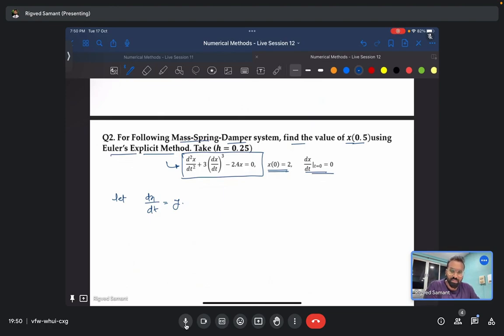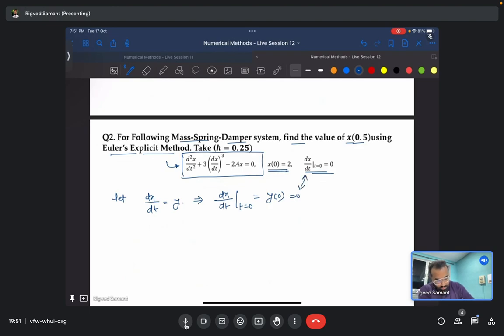So what does this mean? dx by dt at t equal to 0 is y of 0, and that is equal to 0.